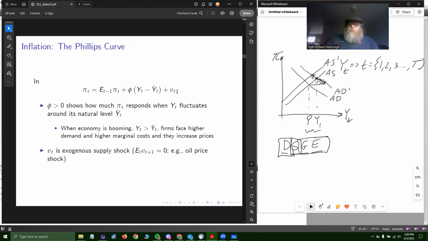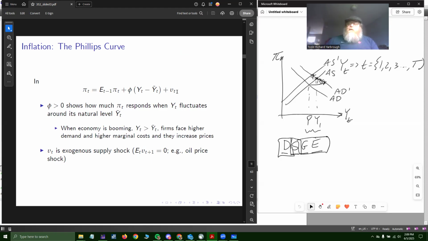So this is another complicating factor in terms of how we understand inflation. So inflation is going to be based in part on the output gap and expectations about future inflation, but the extent to which inflation actually responds to the output gap is, again, one of those big sort of question marks.